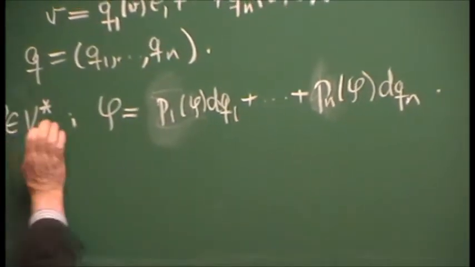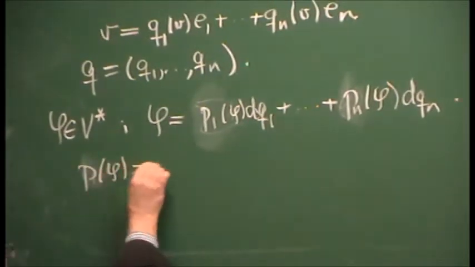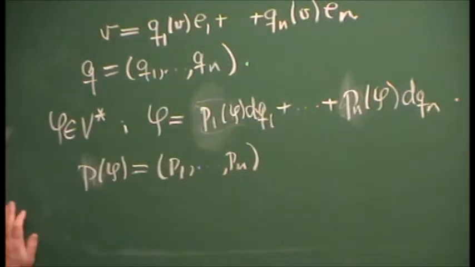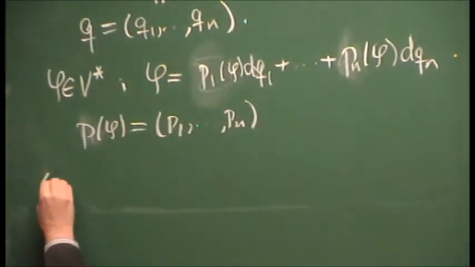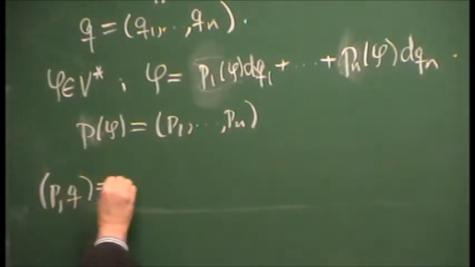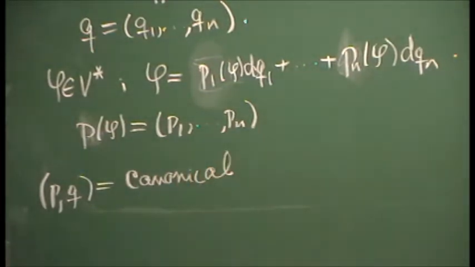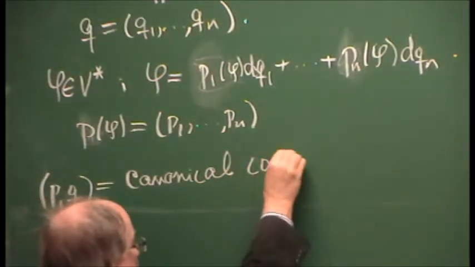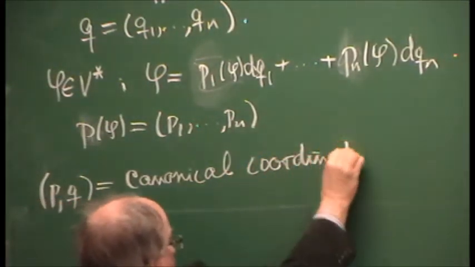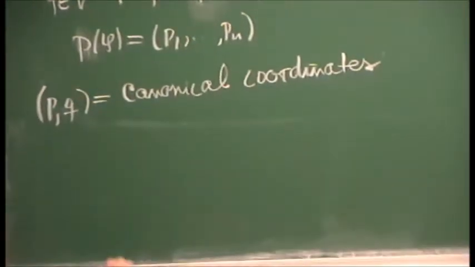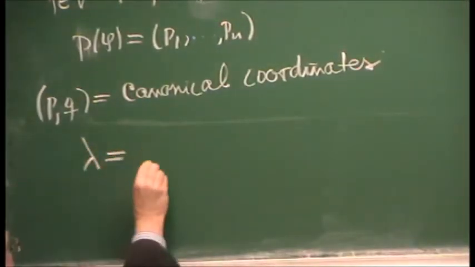And so Q of P, the coordinate of P, we always just write for P1, P now. And then we say that P, Q are called canonical coordinates. I mean, of course, they depend on the coordinates Q, but otherwise not. Associated to the coordinates Q. And in these coordinates we calculated out what lambda was.